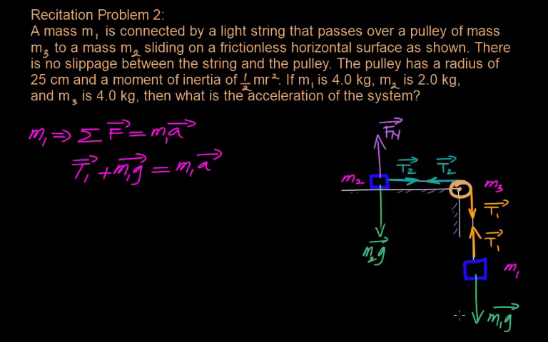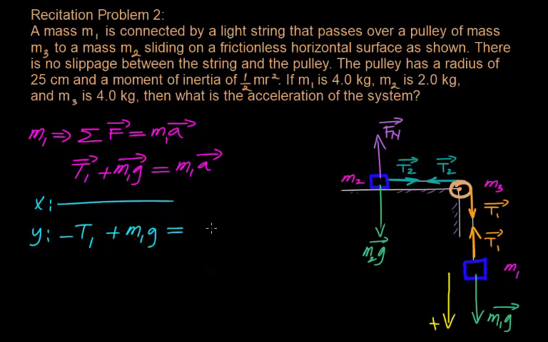Since the object is moving straight down, I'm going to choose straight down to be my positive y axis, and notice there are no components along the x direction at all. As a result, nothing is going on along the x. However, along the y, we have a tension that is pointing negative. Here's your negative T1. Here's the positive M1G. They equal M1A. I can't solve for the acceleration because I don't know what the tension T1 equals.